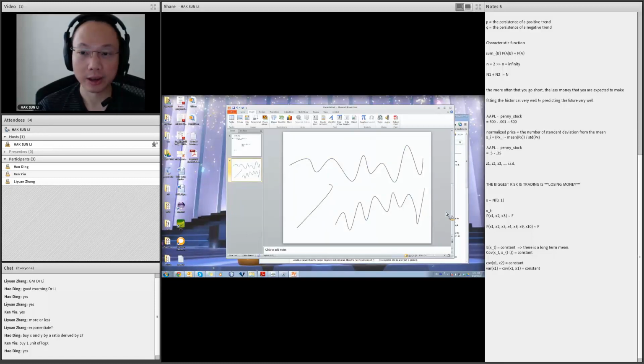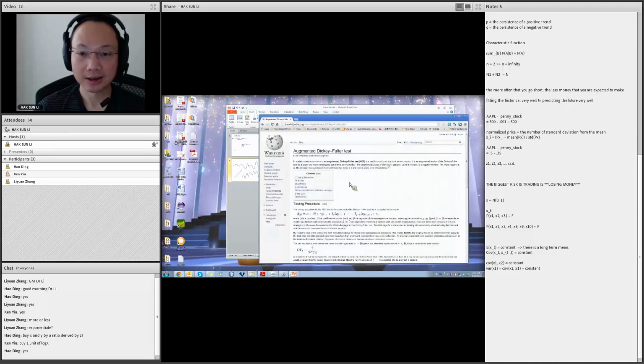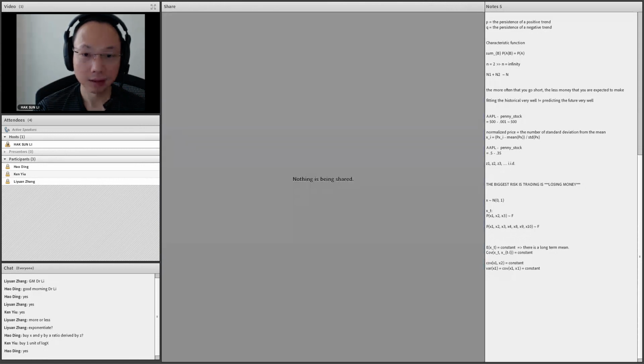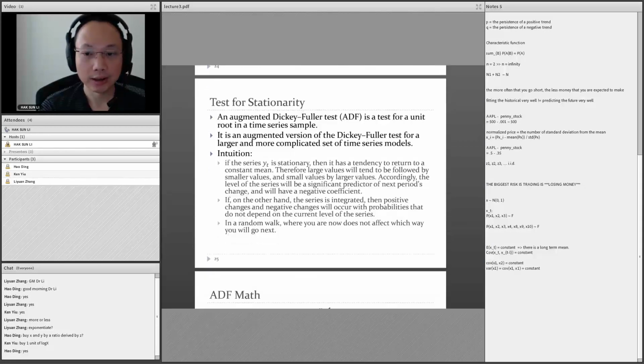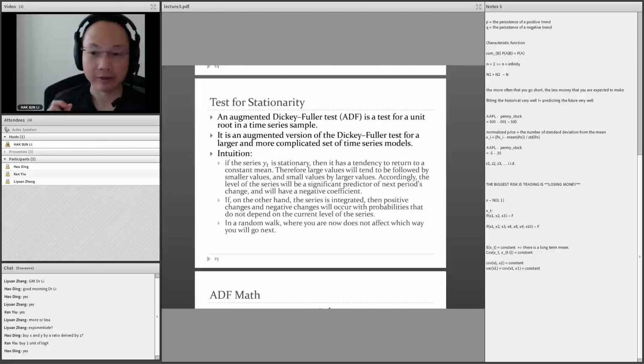One of the popular hypothesis testing ways to do it is the Dickey-Fuller test. The idea is very simple. If a time series is stationary or mean reverting, then if it goes up, we expect it to go back down, right? What that means in mathematics is that if we are seeing a very big value now, we expect the future value to be small.